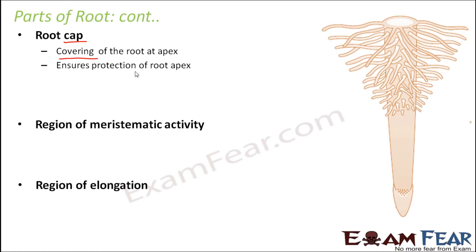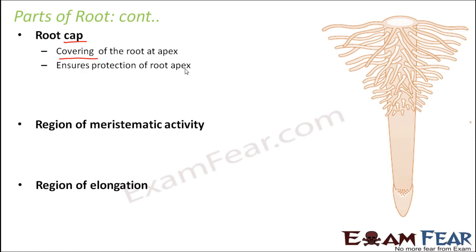What is its function? It ensures protection of the root apex. Since it covers something, why do we cover anything? For example, it is always advised that you wear a helmet while riding a bike. Why? Because that helmet is a covering to your head, so it ensures protection to your head. Similarly here, this root cap ensures protection of the root tip from any external damages.